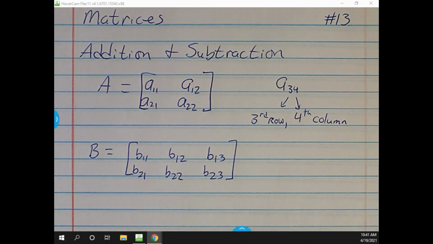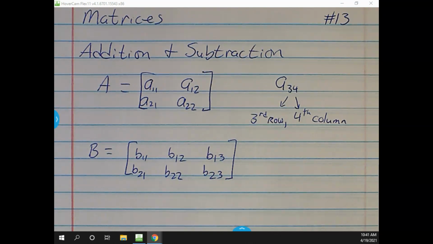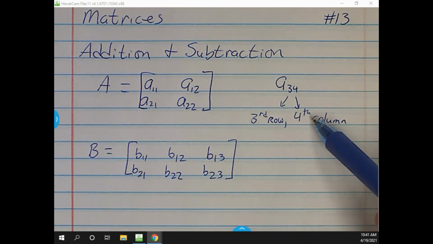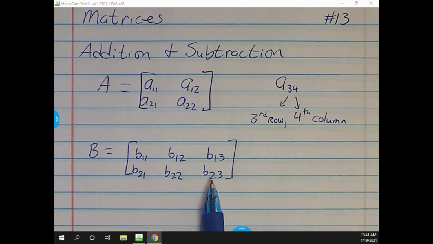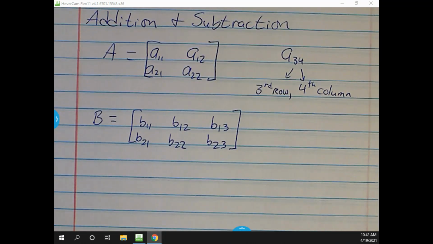So it's just an identification way of saying here's the location of a certain number. It's on the third row, and then you go to the fourth column. This one is the second row, third column. It's a tracking thing where you figure out where these elements of the matrix wind up.